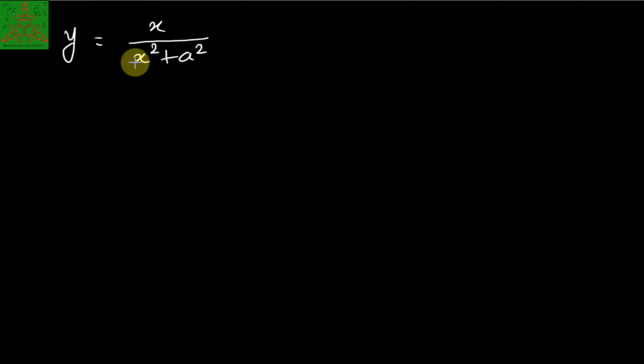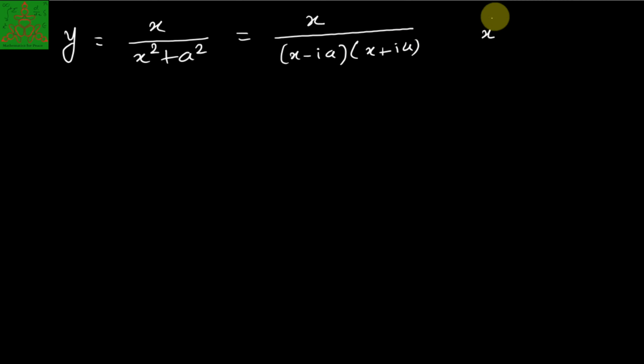Then we will use complex factors. So I may write this quantity in the complex factors, that is x minus ia, x plus ia. So what I actually did is I wrote this as x square minus i square a square, using i square is minus 1, so minus minus becomes plus, and a square minus b square leads to this.